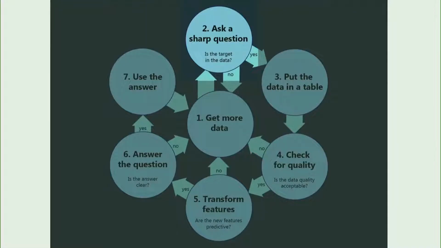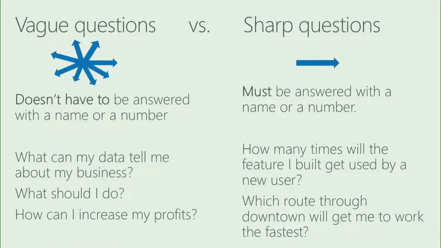Once we have data, the next step is to ask a sharp question. Now, a sharp question is one that has to be answered with a name or a number. A vague question, on the other hand, doesn't necessarily have to. To keep this distinction straight in my head, I think of a genie who you can ask questions.